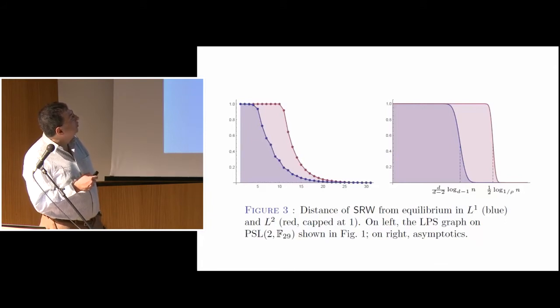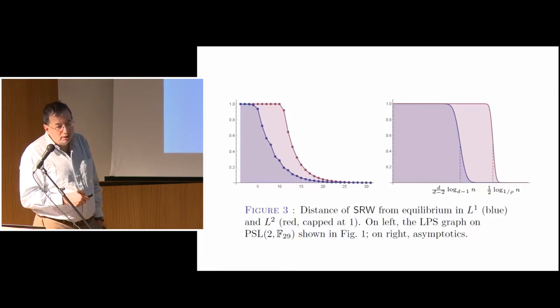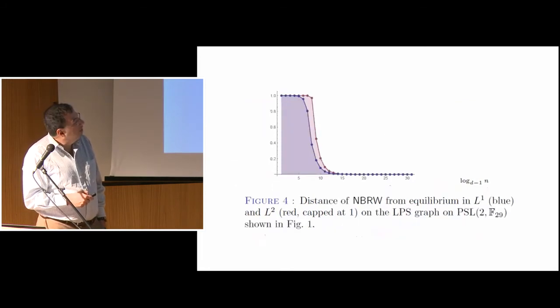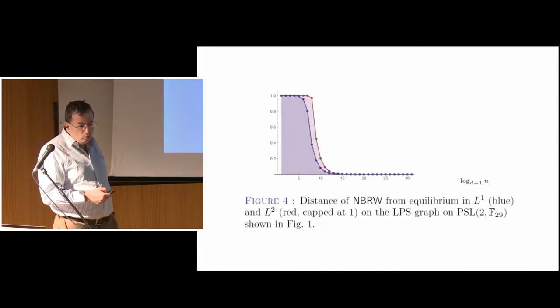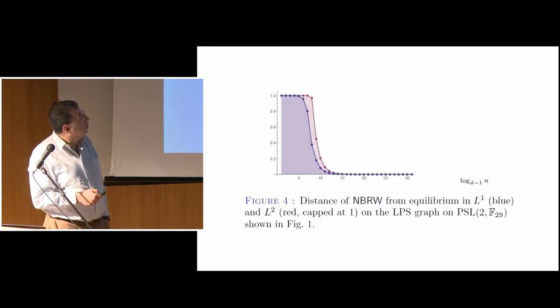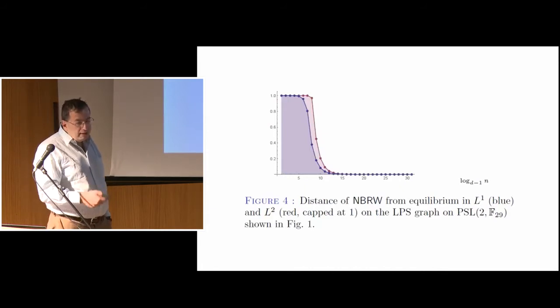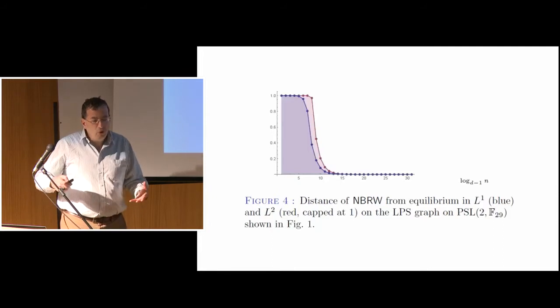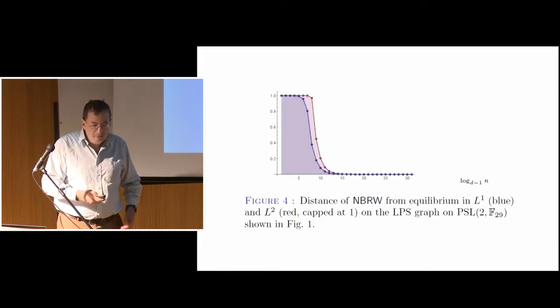So there's no tight match here. And this is the asymptotic behavior. So even as n tends to infinity, you have cutoff both in L1 and in L2, but it happens at a different time, and the ratio of these asymptotic mixing times or cutoff times doesn't go to 1. So the classical approach of using L1 from below, L2 from above, and matching them doesn't work.